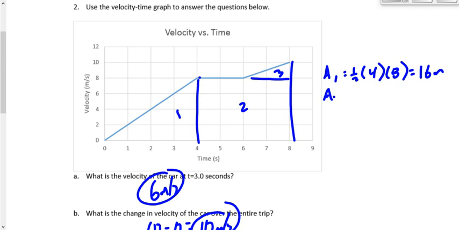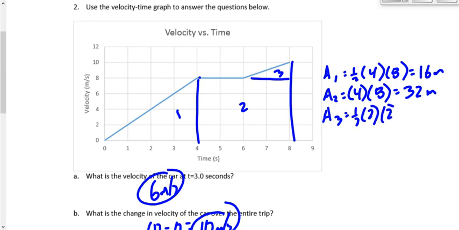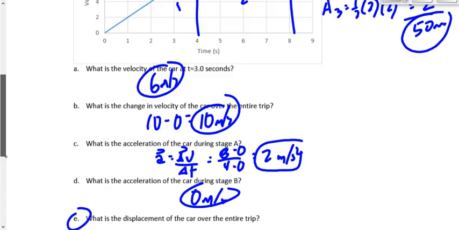Area 2 is just base times height. 4 to 8 is 4, times the height of 8, gives me 32. And then area 3 is 1/2 base times height. The base is 2. The height is 2. 1/2 times 2 times 2 is 2. We add those up and we get 50 meters. So the displacement here is 50 meters.